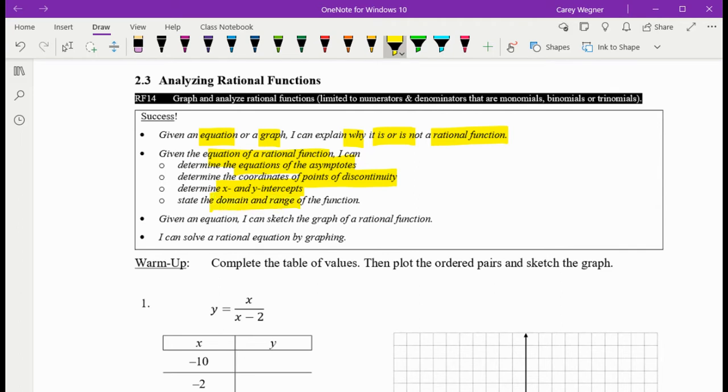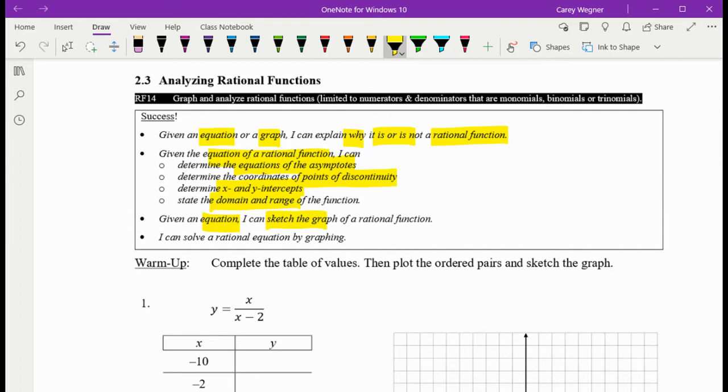Remember, domain is possible x values where the function is defined, and the range gives us the y values where the function is defined. Next bullet, given an equation, we want to be able to sketch the graph of a rational function. And really, 2.4 just takes that a little bit further and gives us a slightly more comprehensive procedure.